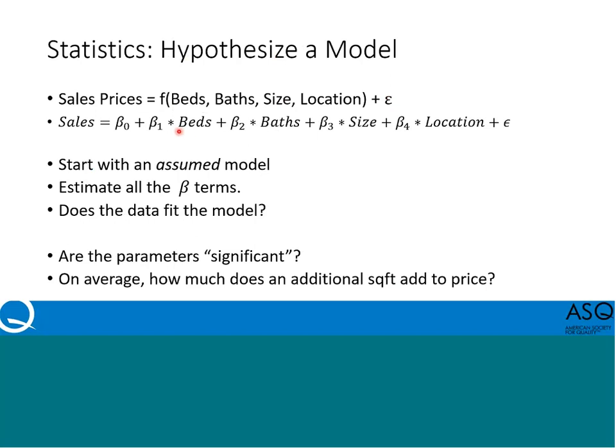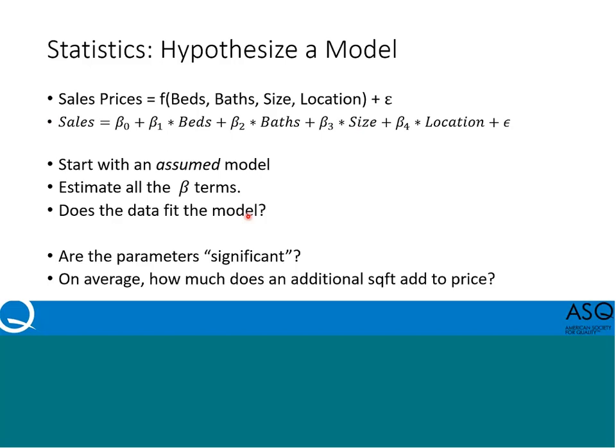And many times we start with a linear equation where sales equals some base price plus some number times the number of beds plus a different number times the number of baths, etc. So the key is that we're starting with a model. We're assuming that the relationship can be modeled with this particular form, and then we use our statistical methods to estimate what these numbers might be, these beta terms.